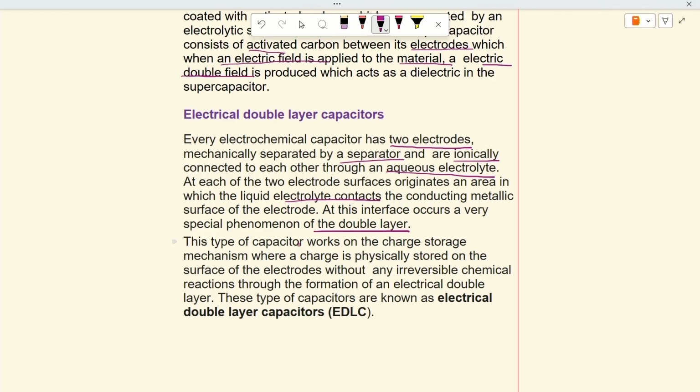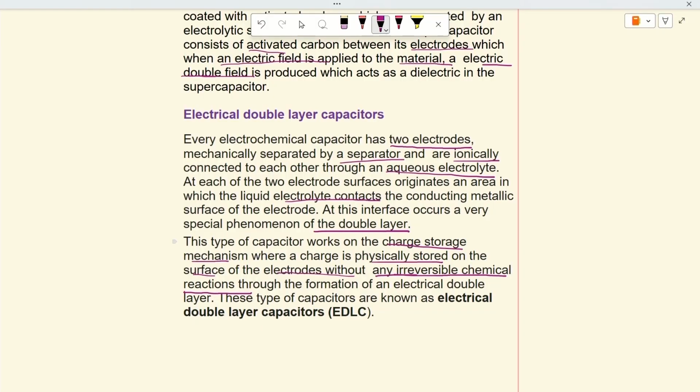Okay. And this double layer, how does it work? The charge storage mechanism is the physically stored charge on the surface of the electrodes without any irreversible chemical reaction taking place. There is no chemical reaction, it is only storage.